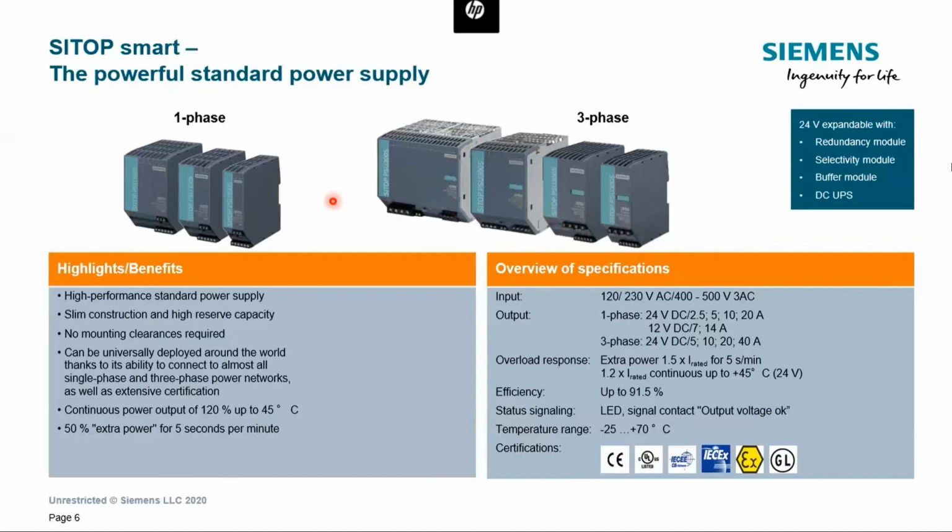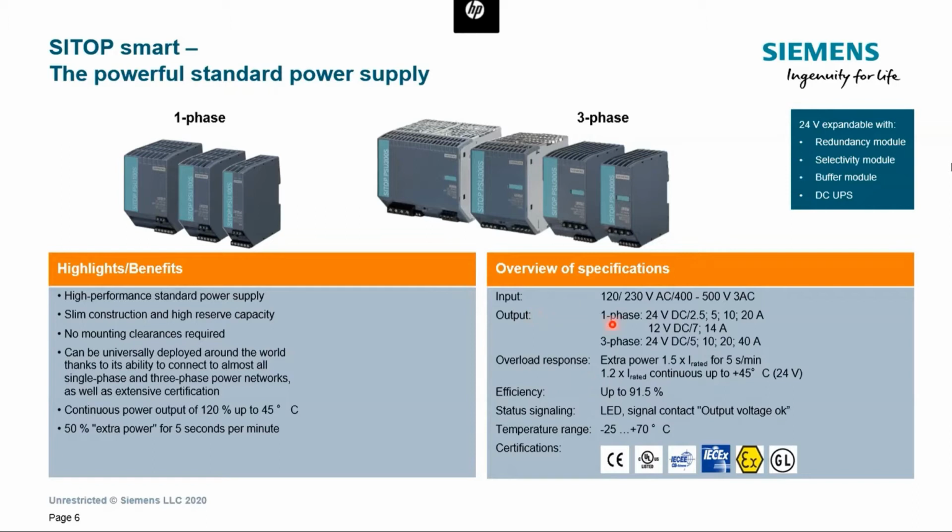So this covers almost all the possible current ratings, and also it covers the single phase and 3-phase connections from the AC supply as well. And it has relatively high performance with efficiency up to 91–92%.